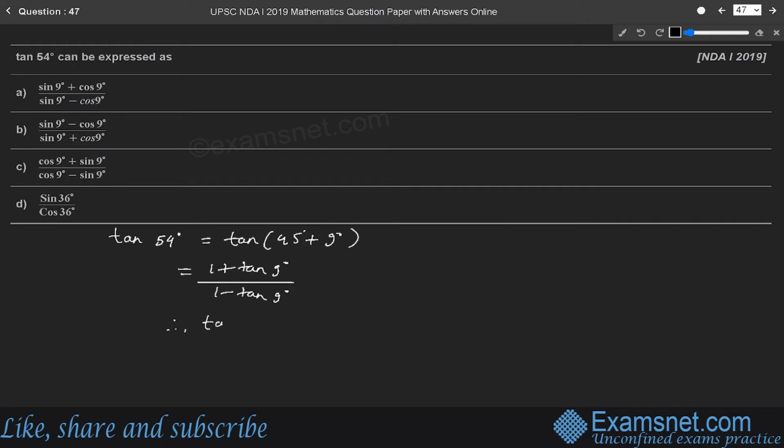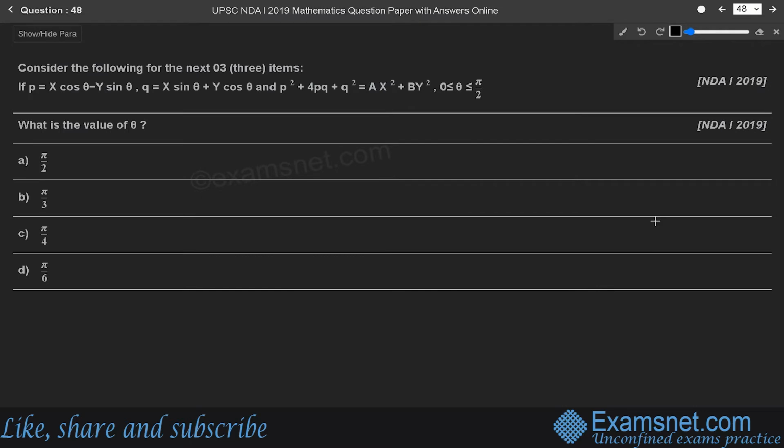Therefore, tan 54 degree will be equal to (cos 9 plus sin 9) upon (cos 9 minus sin 9). So this is the value for the given term. So the correct option is option number C. I hope all these questions are clear to you.